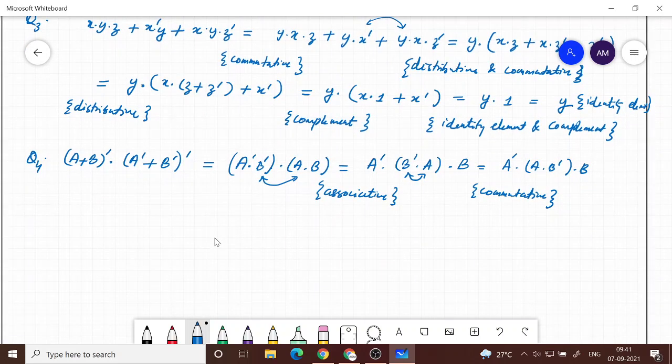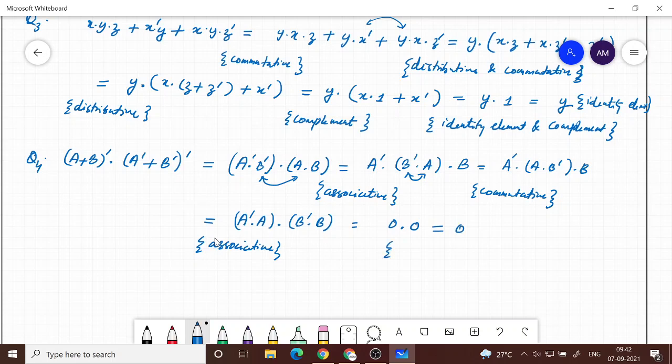Now I can regroup it, and regroup like this. Dot. Okay. So again I used associative. Now this is basically 0 dot 0, which is 0.